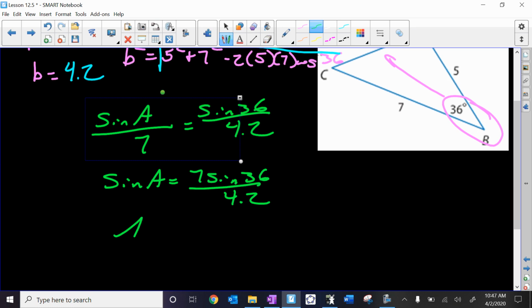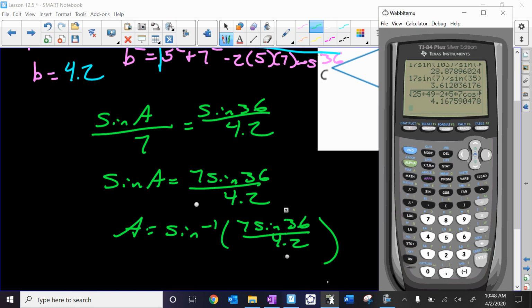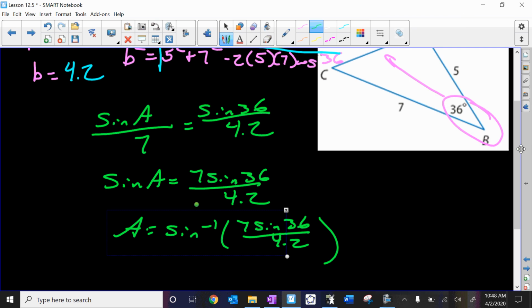Take the inverse on both sides. You can take out your calculators again. Second sine, 7 sine of 36 divided by 4.2 gets us an angle measure of approximately 78 degrees.